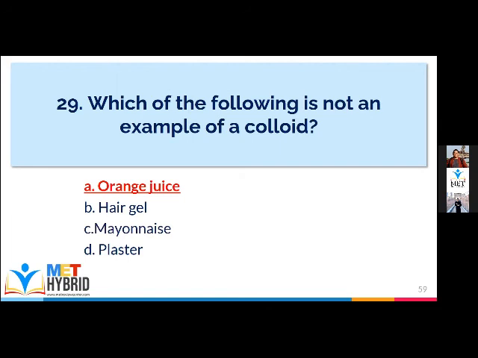So they are suspended across your liquid, solid, or gaseous medium. In your hair gel, for example, if you picture a hair gel in a transparent container, you would notice the liquid gel, and you also have several air bubbles suspended in your gel.